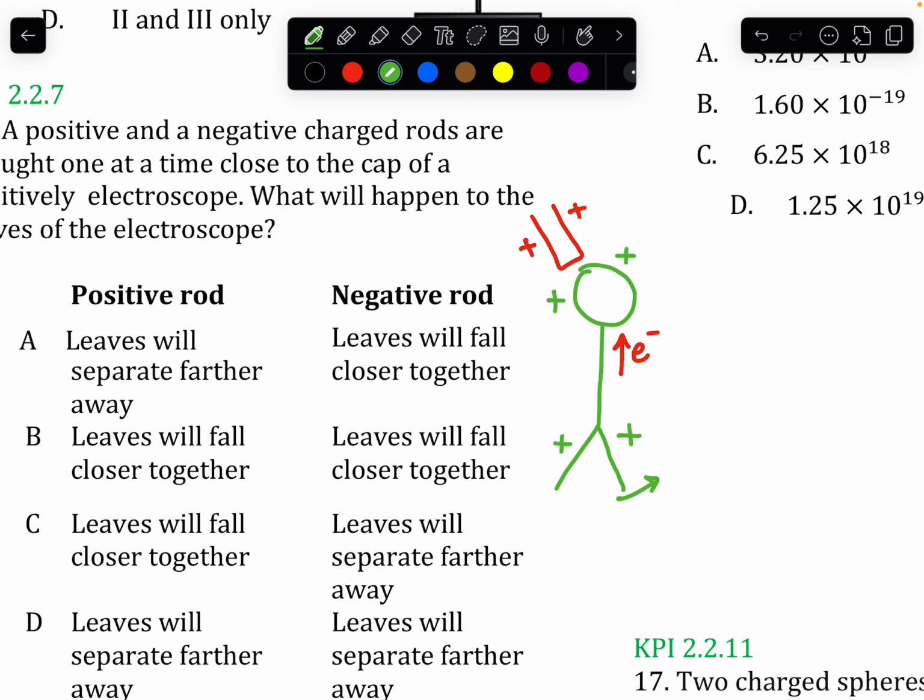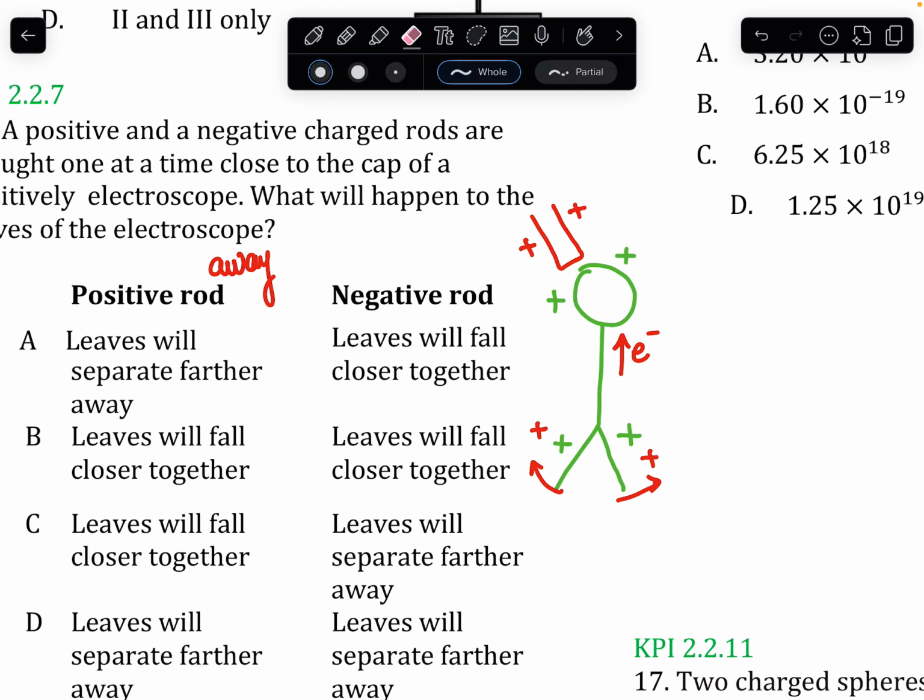Let me draw it in red. So I will have even more positive down because electrons are moving. So the leaves will move away.